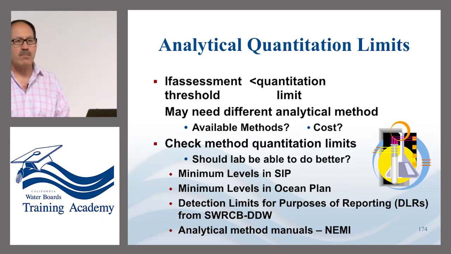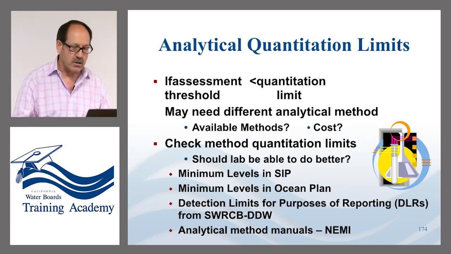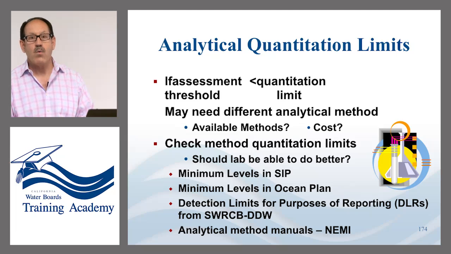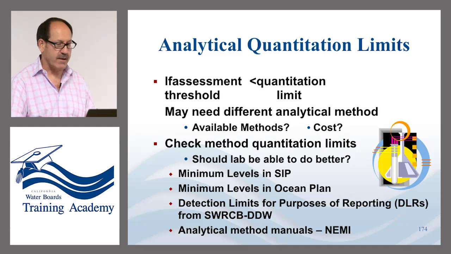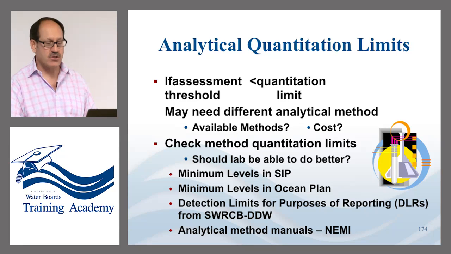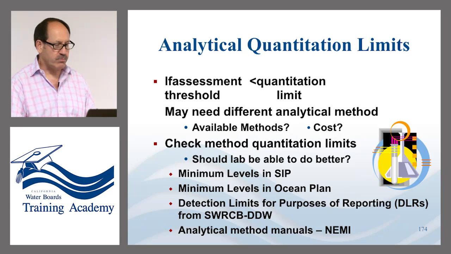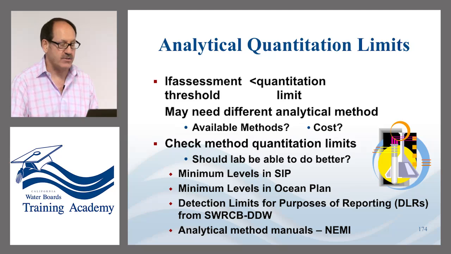So there are a number of places where you can look for how well the lab should do in analyzing your samples. There may be some constraints, but there are some good places to check. Is there another analytical method the lab could run at a reasonable cost?